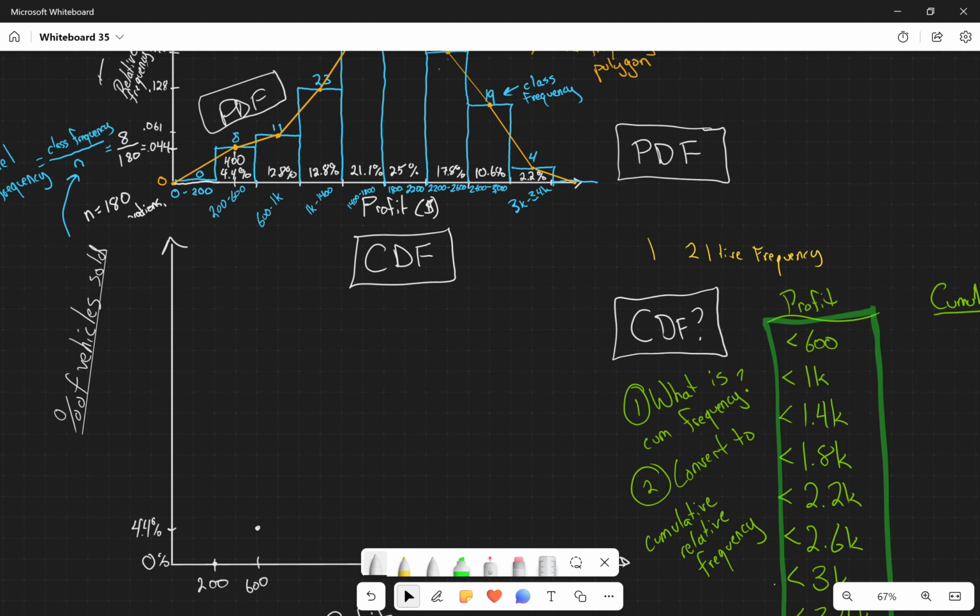So now the CDF builds upon the earlier work, and the next value is at 1,000, and it's not just that 4.4%, and it's not just the 12.8% of the next bin, but it is the combination of those two, right?